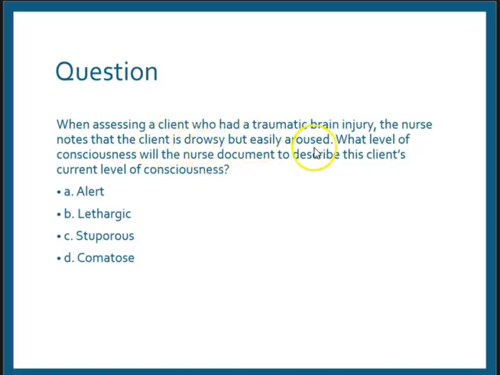Drowsy but easily aroused. Does that mean that they're alert? No, they're drowsy. Does that mean they're in a stupor? No, because they're easily aroused. Coma? No, because they're easily aroused. So that's going to be your lethargic. Their level of consciousness is lethargic.